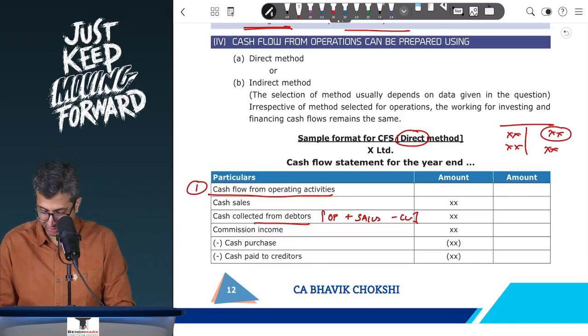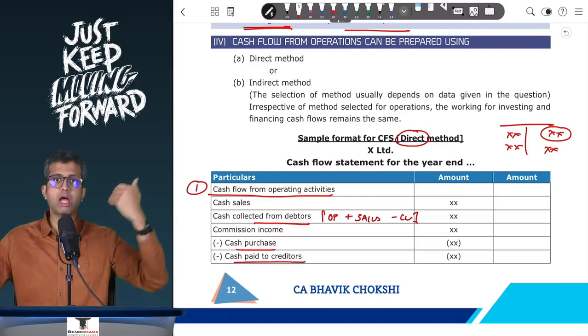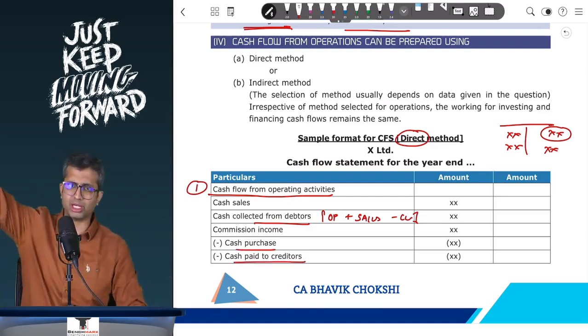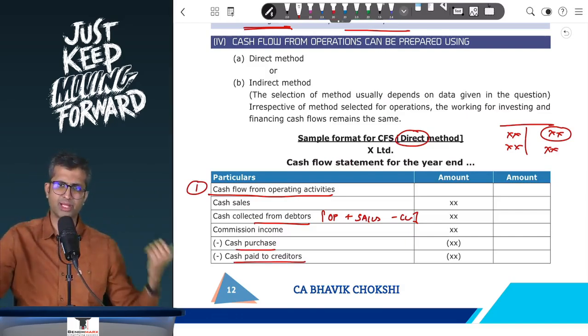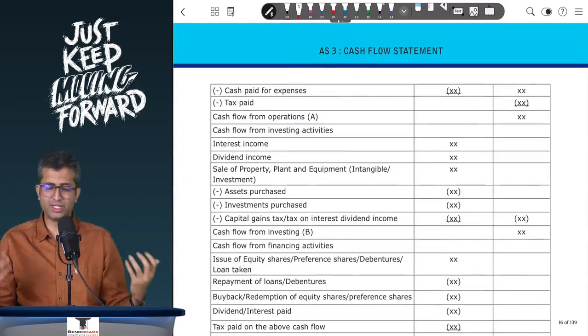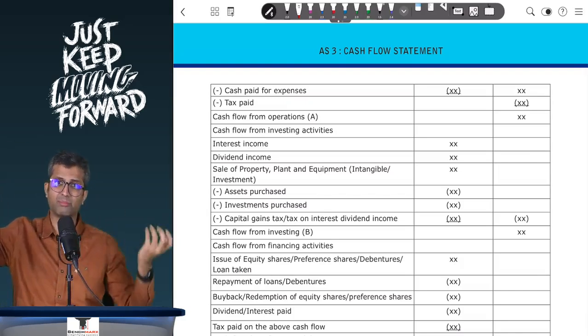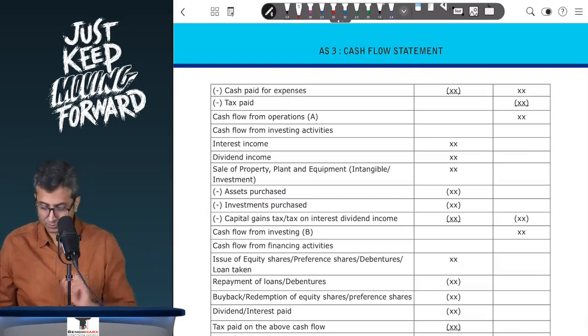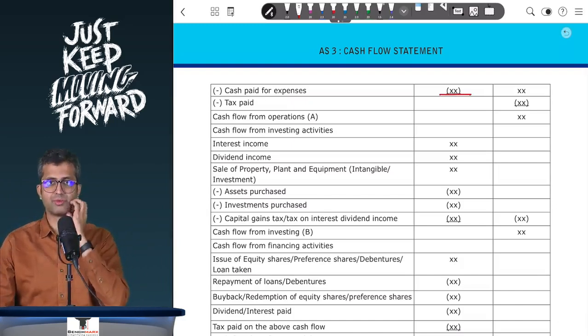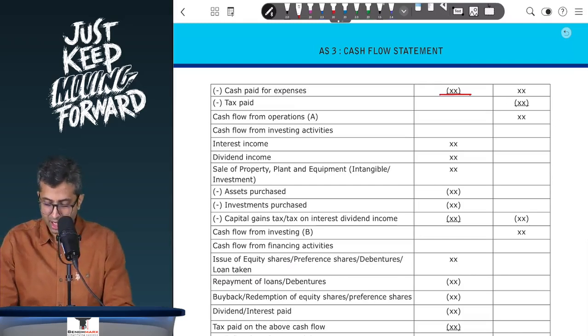Like you might even have cash purchases or cash paid to creditors. If you visualize a creditors account, you'll have opening creditors plus credit purchases minus closing creditors, or you have wages, opening outstanding wages plus salaries and wages of the current year minus closing outstanding wages, and so on. This will give you your cash flow before tax is paid, minus tax will give you cash flow from operations.